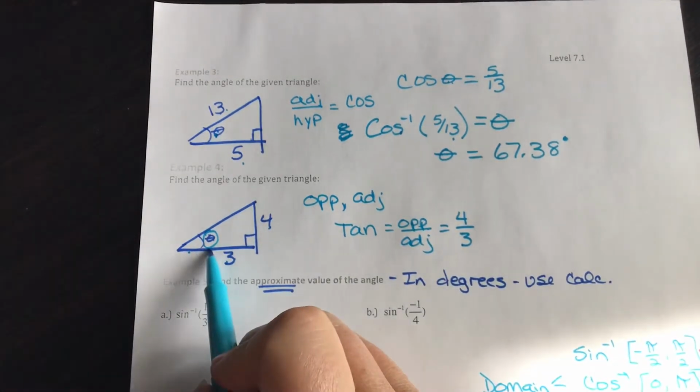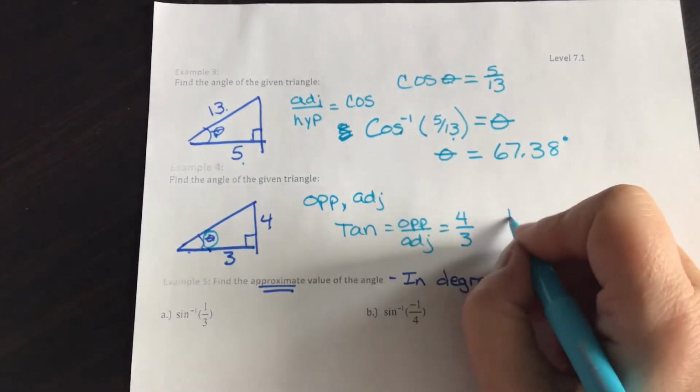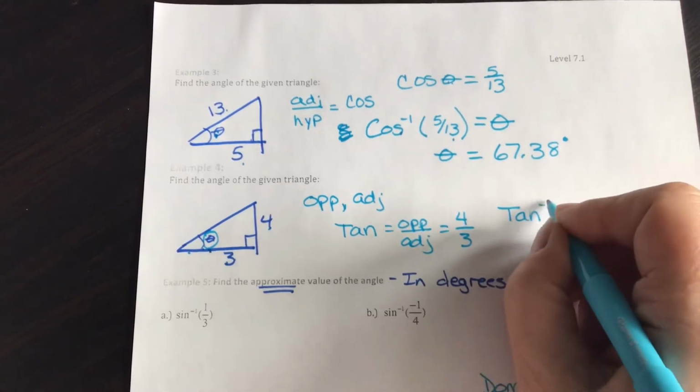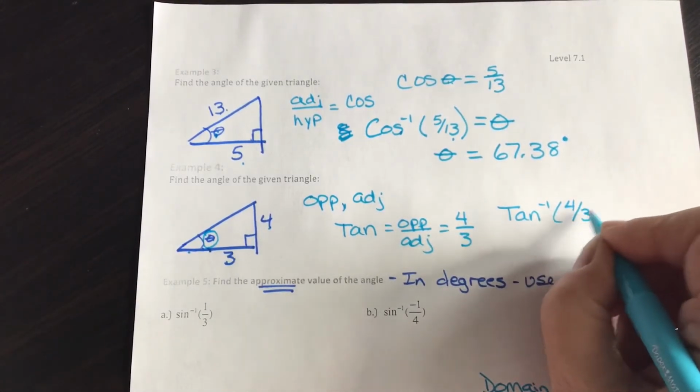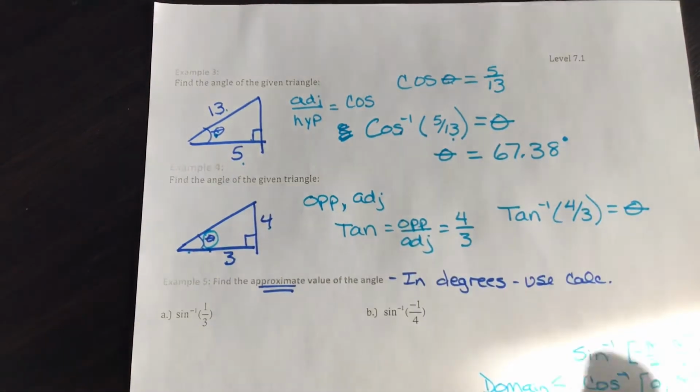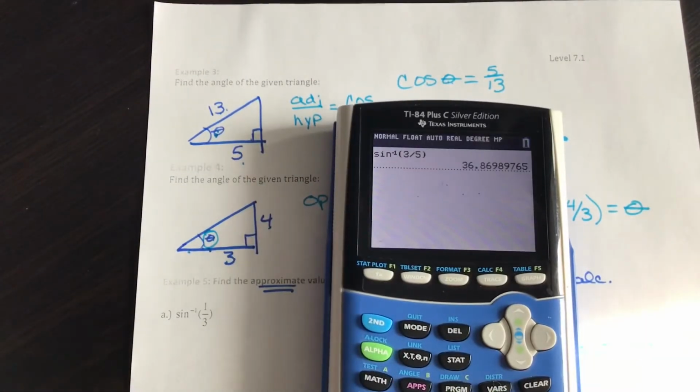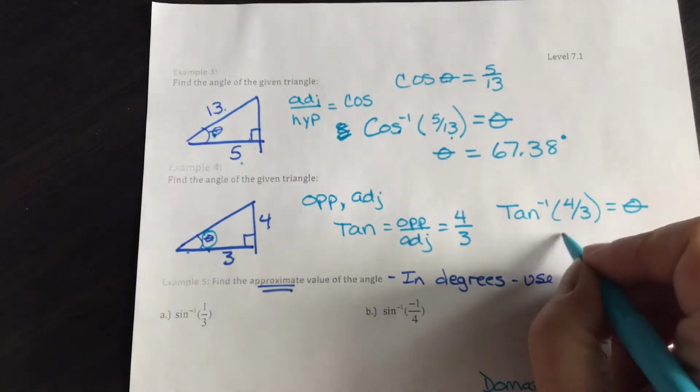To find the value of that angle, I'm going to do tangent inverse of 4 divided by 3 equals my angle. On my calculator, inverse tangent, 4 divided by 3, and my angle is 53.13 degrees.